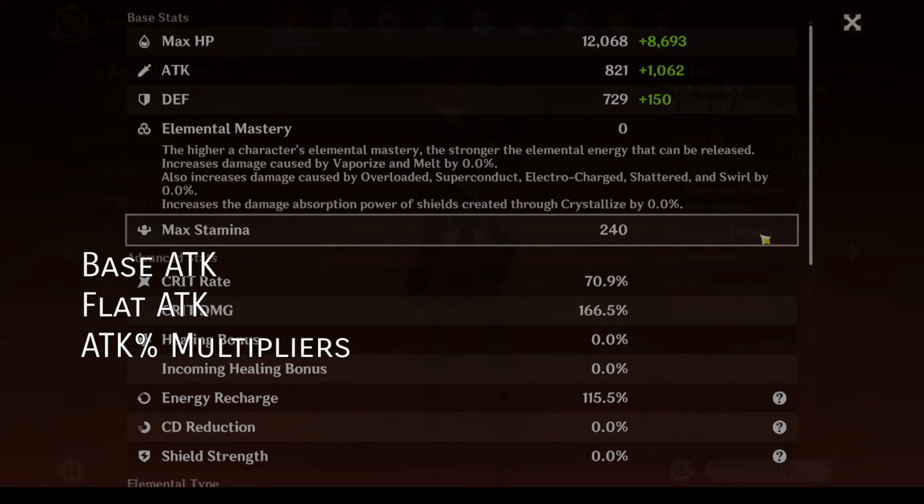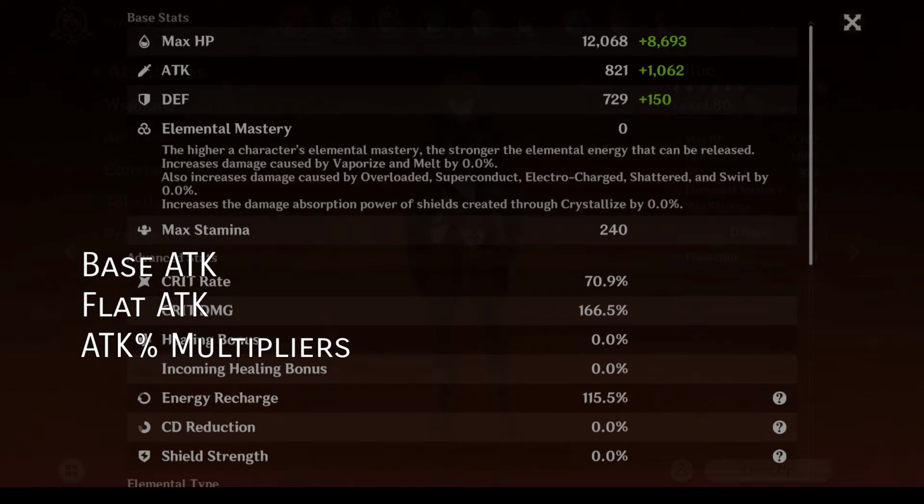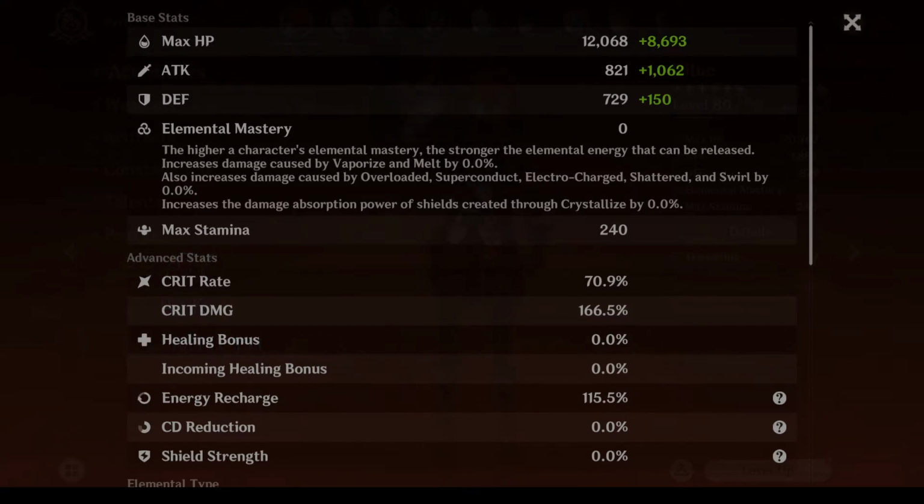There are three types of attack. Base attack, which you can get from your character and the weapon they have equipped. Flat attack, which is the flat attack numbers that you might find on the feather artifact or in some of your substats. And then attack percent multipliers. These multipliers get added together and turn into what you see as the overall attack stat. So for my Diluc, we're going to calculate using this formula.